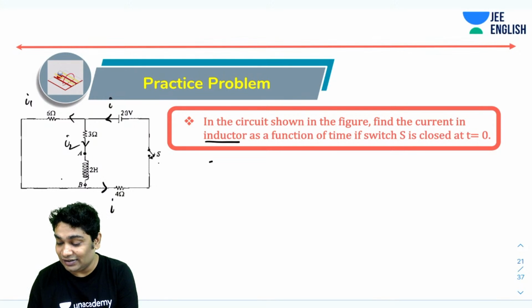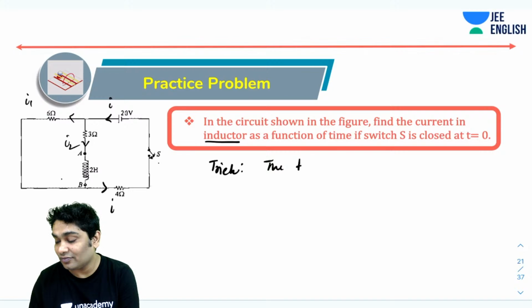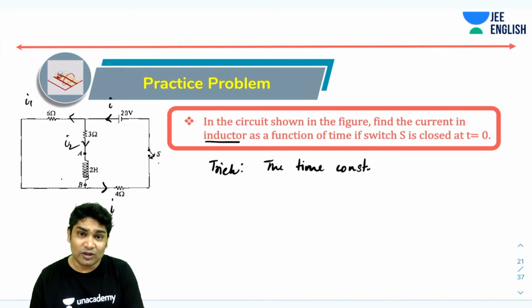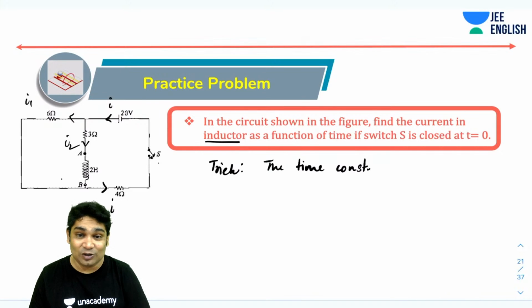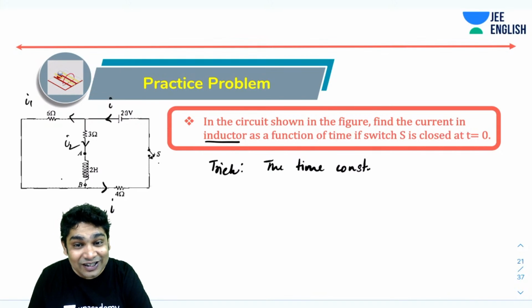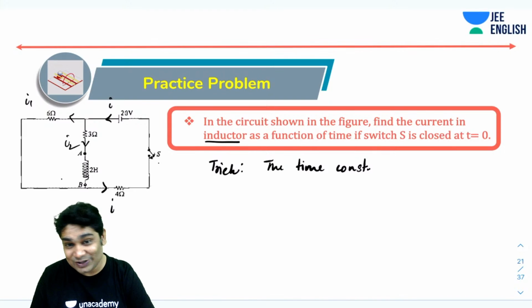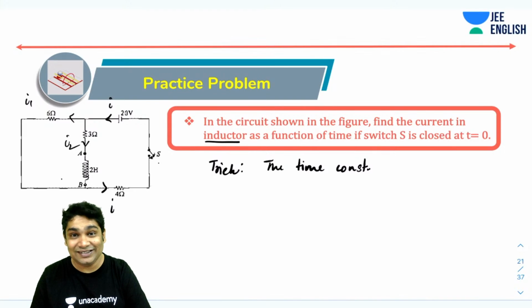There was a trick. The trick was the time constant. If you remember, for the charging circuit and the discharging circuit of an RC circuit it was always the same. So that is going to be the case here also. I'm not sure about that.